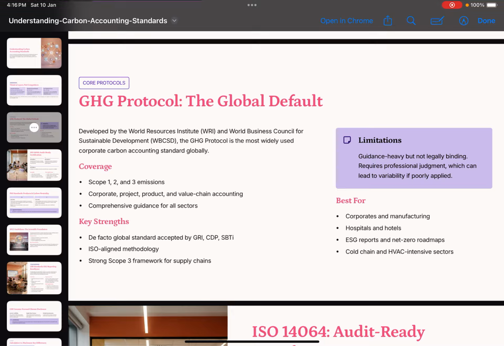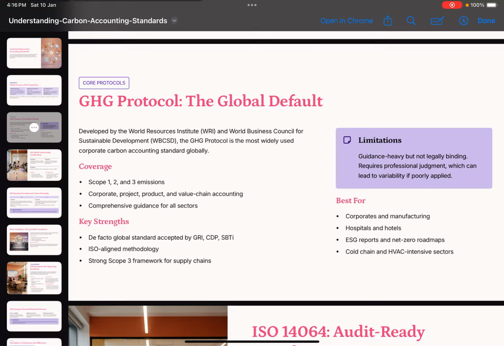It is the de facto global standard, accepted by GRI as well as other agencies like CDP and SBTi, which we'll talk about later. It is also aligned with ISO, which is its key strength, and it also helps us strongly capture scope 3 emissions.